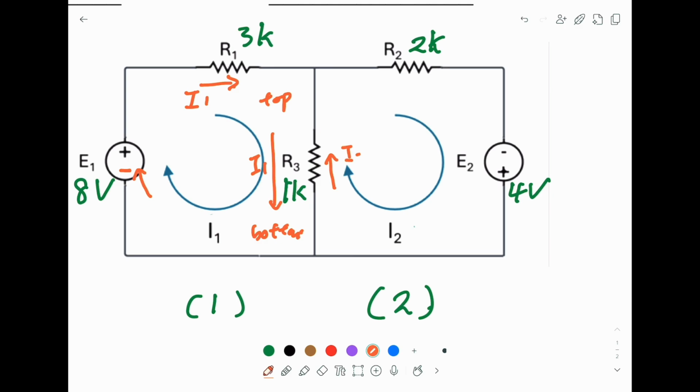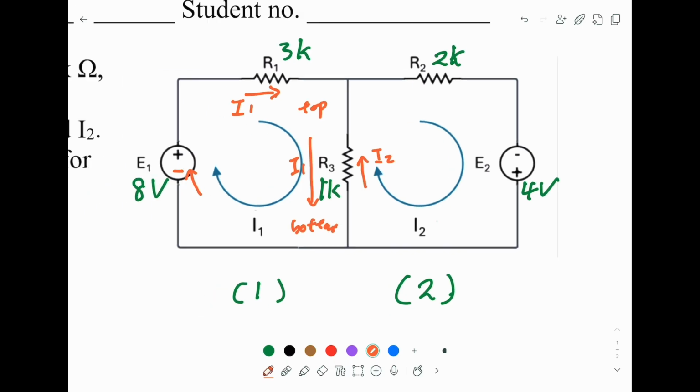This is an important point: because we are analyzing I1, you have to force the current consistently flowing from top to bottom. This is the direction of I1, but I2 is opposite.